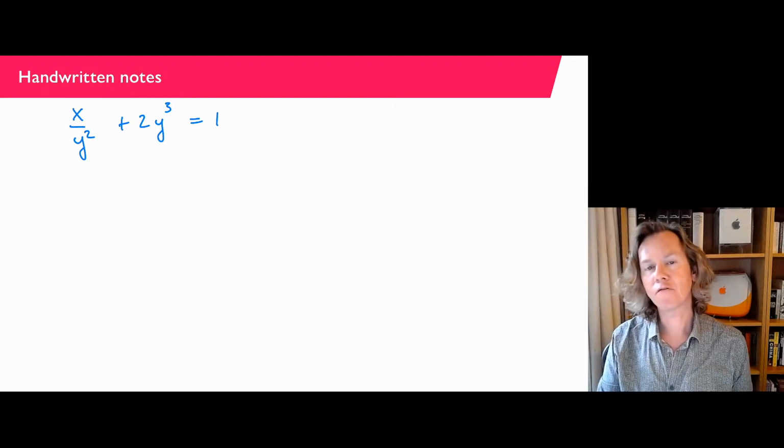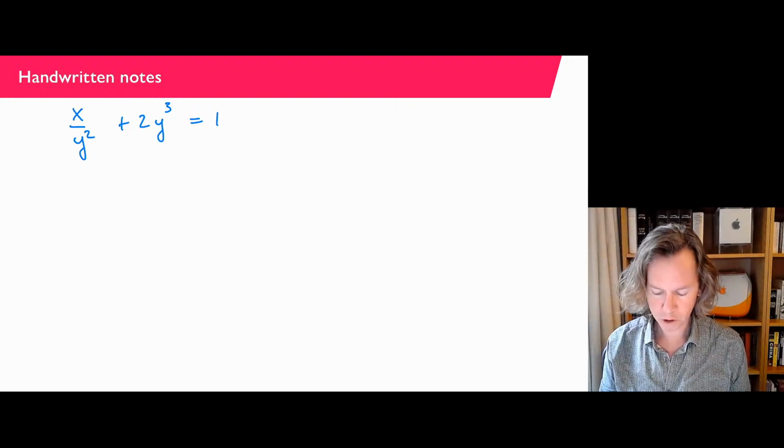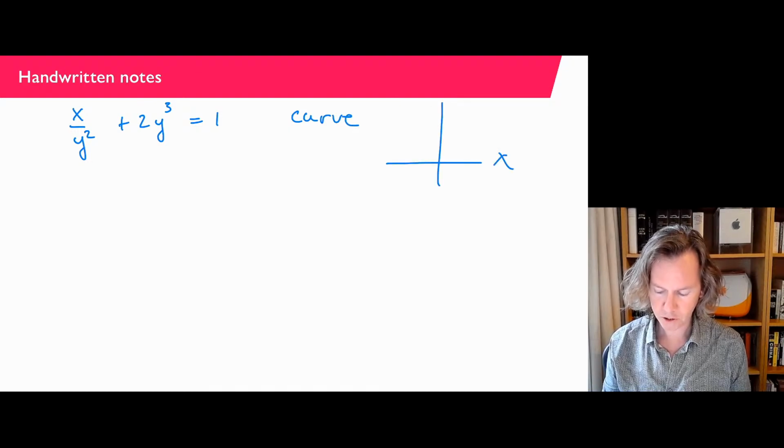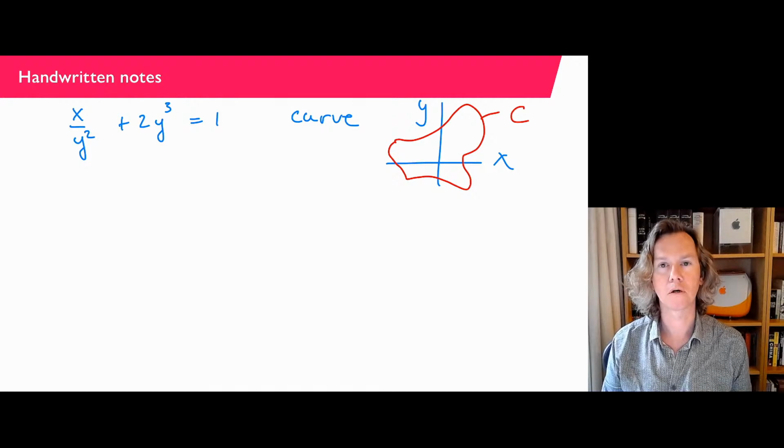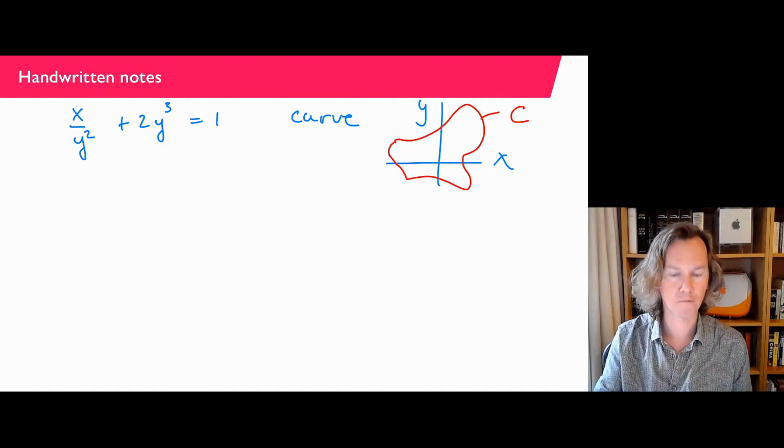So this is not a function, it's a curve. It describes a curve in the plane. So if you have an x-axis, y-axis, then if you would look at the points, then you would get some shape. I haven't got a clue what it looks like, so I'm just drawing something, but you have a curve C. So you label the points x and y that satisfy the equation, and that gives a curve.